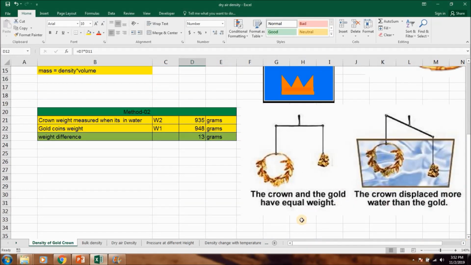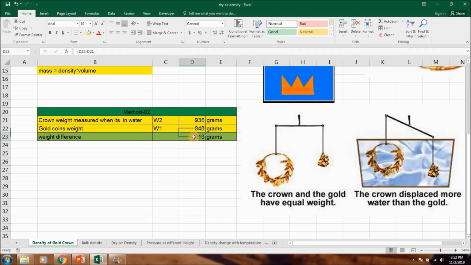Okay, in method 2 what he did was put the crown and the gold, which have equal weight, in the water using the same equipment. When he put them in the water, the crown weighs 935 and the gold coin weighs 948 in the water.